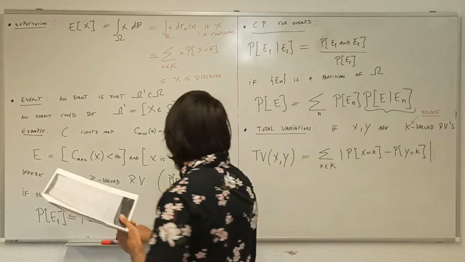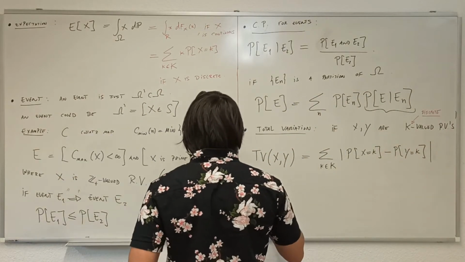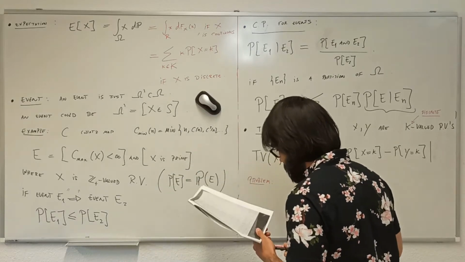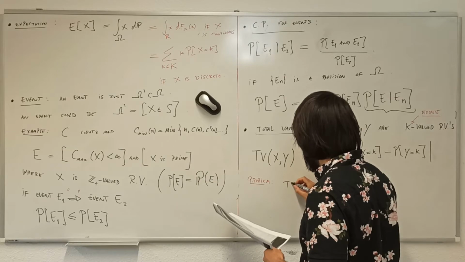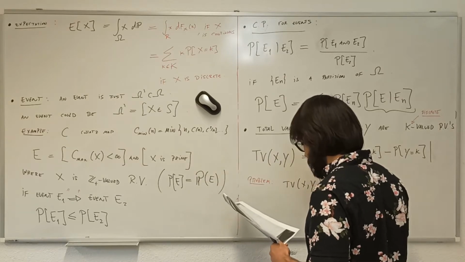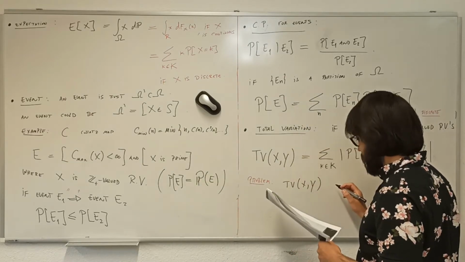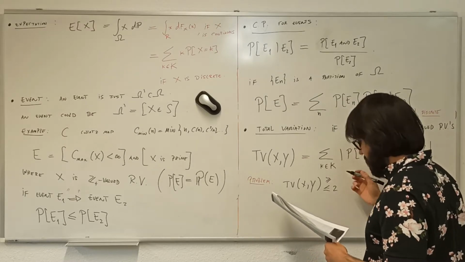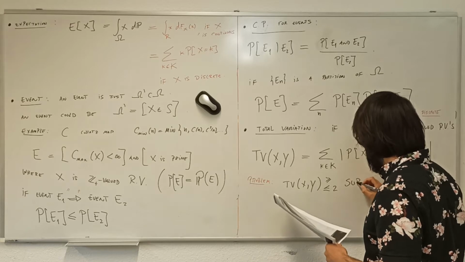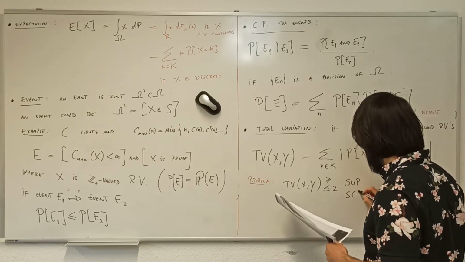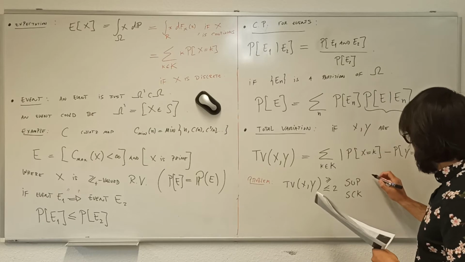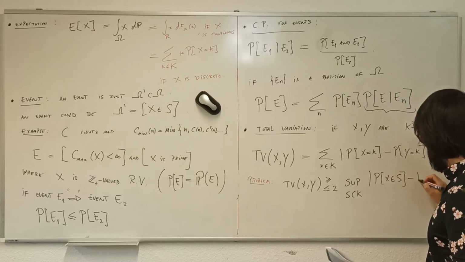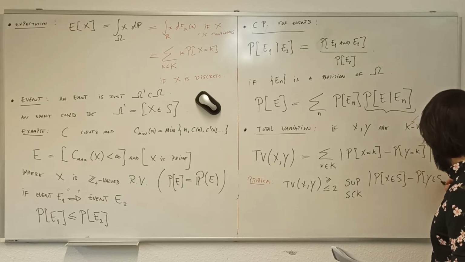What you can show, not hard to show, a simple exercise, is that the total variation of X and Y is comparable, greater or equal and less or equal than twice, to the supremum over all subsets S of K of the probability that X belongs to S minus the probability that Y belongs to S.